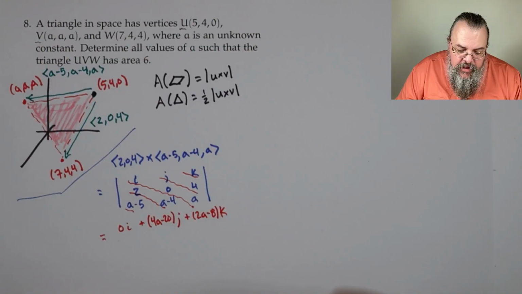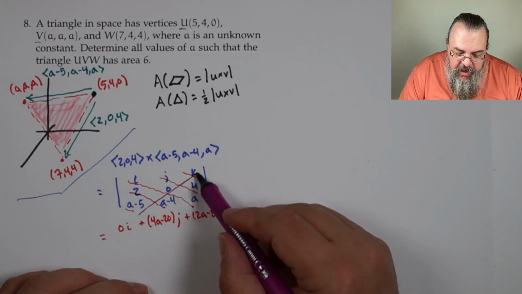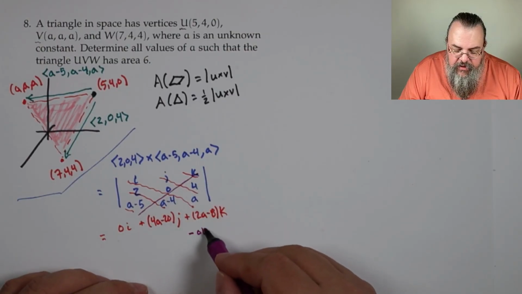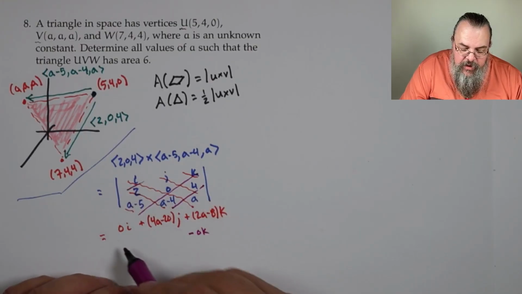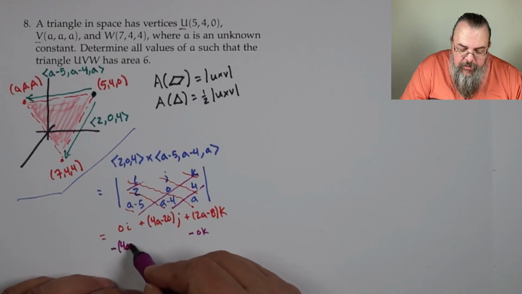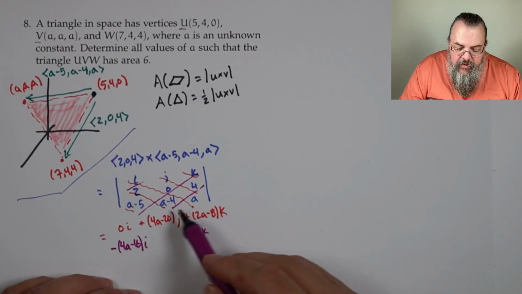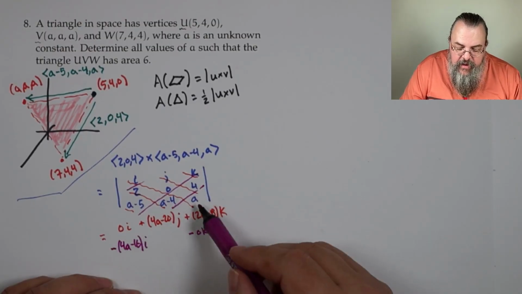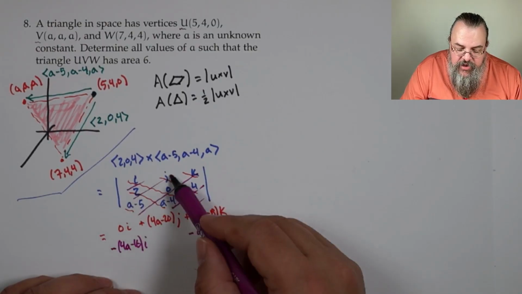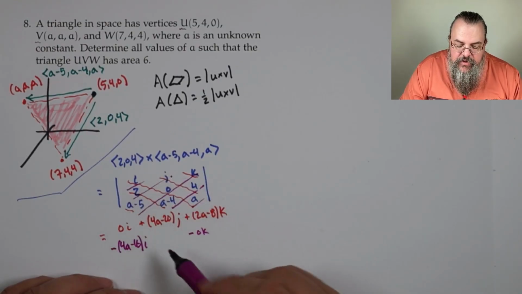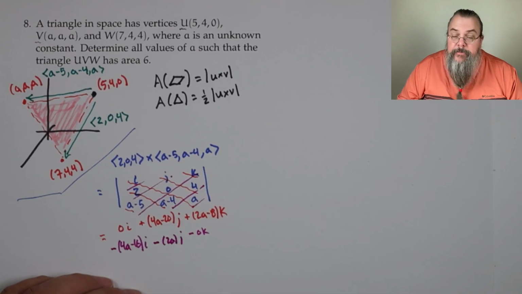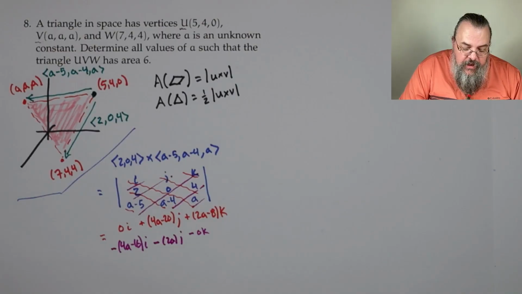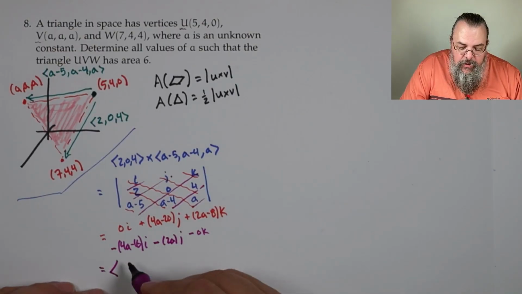Going the other way: A minus 5 times 0 times k. That's 0k. We'll subtract that. A minus 4 times 4i. So we're going to subtract (4A minus 16)i. Right, 4A minus 16 subtracted. And then we have A times 2 times j. That's 2Aj, and we're going to subtract 2Aj.